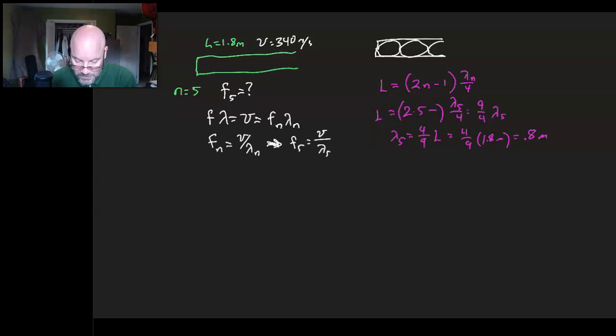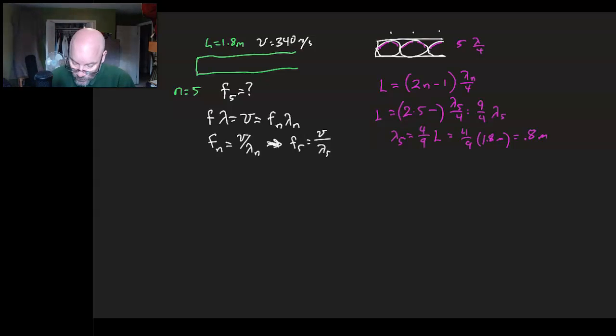Now if we count it in terms of quarter wavelengths, I've got 1, 2, 3, 4, 5. So this is actually 5 quarter wavelengths.